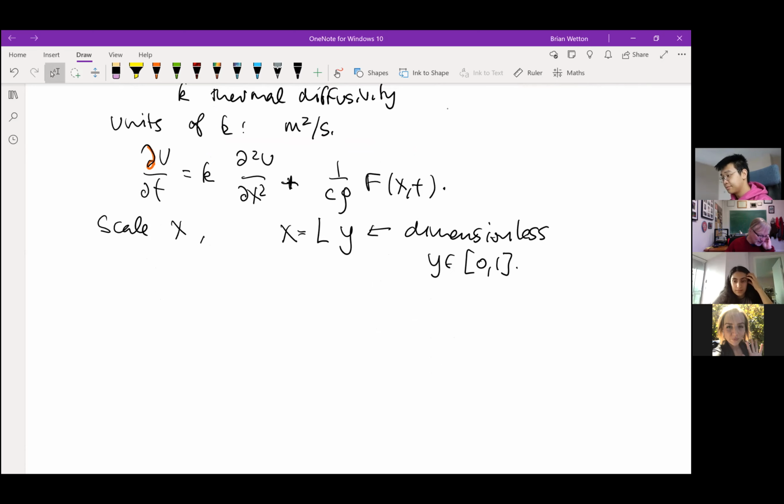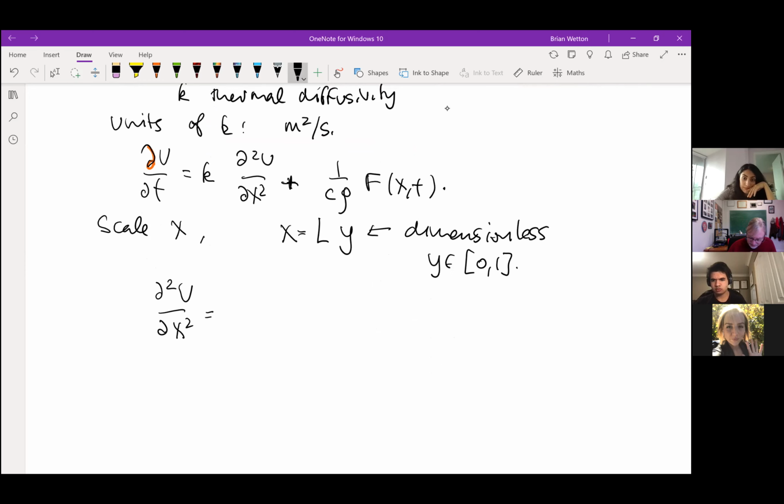Okay, well, that one's easy. So now if I look at d2u dx squared, and I want to turn it into d2u dy squared, then x is just L times y, so you're going to get this. This is the simplest form of the chain rule with just a linear multiplicative change of variables.